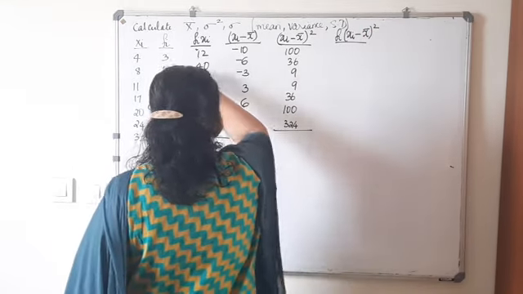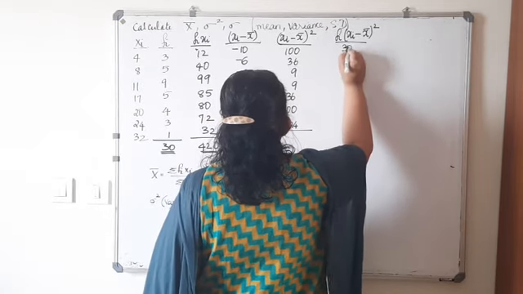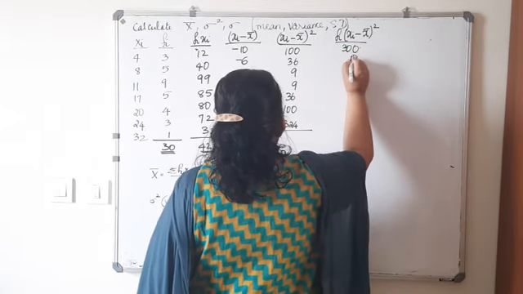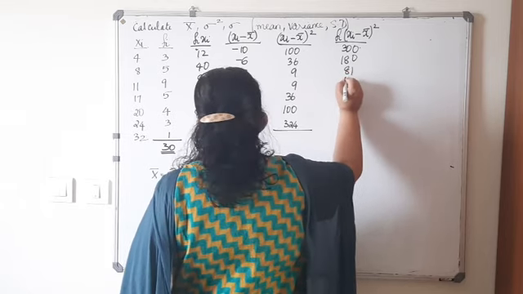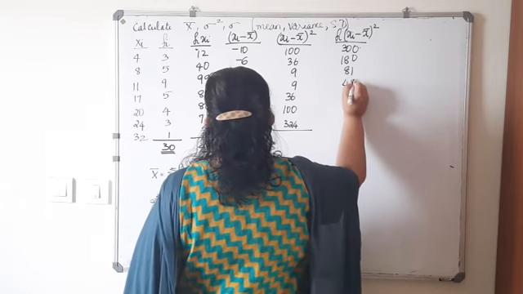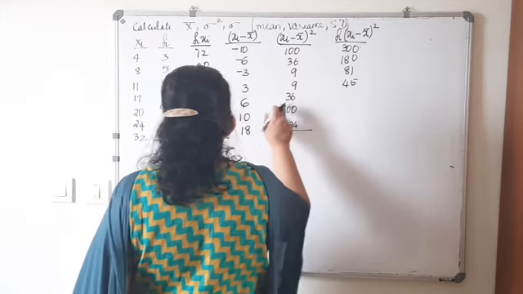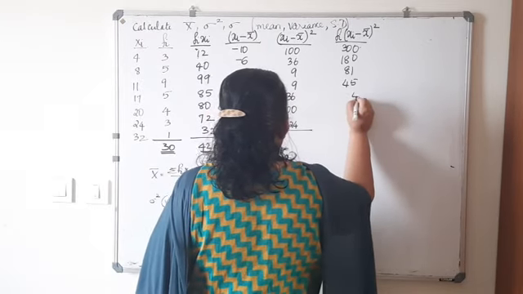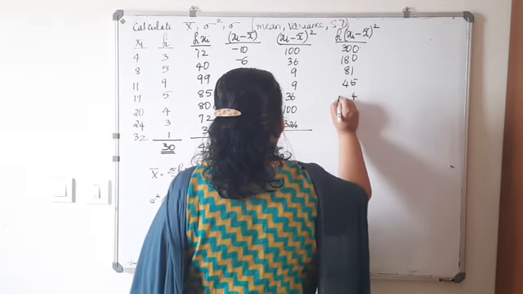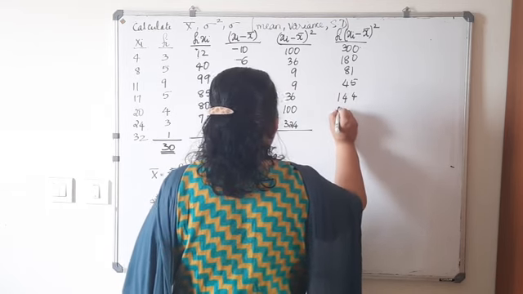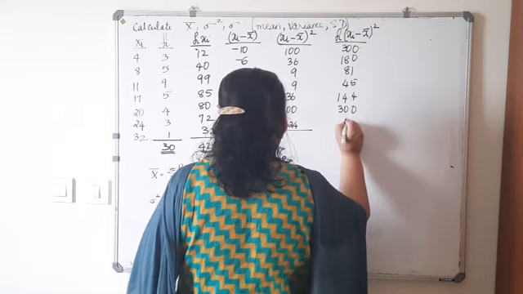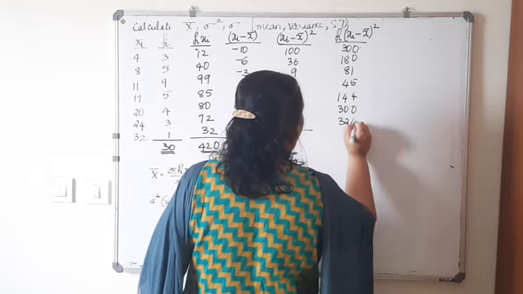So frequency 3 into 100, 300. 5 into 36, 180. 9 into 9, 81. 5 into 9, 45. 4 into 36, 144. 3 into 100, 300. 1 into 324, 324.